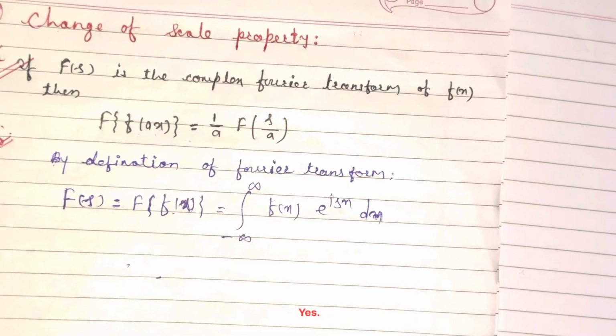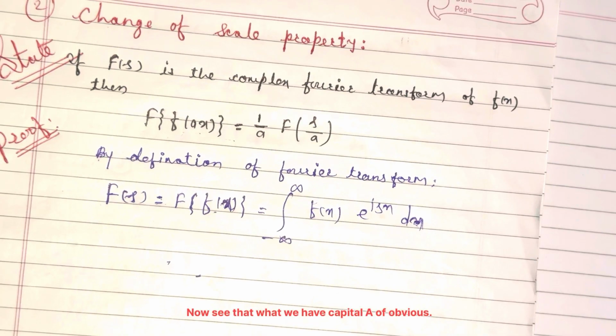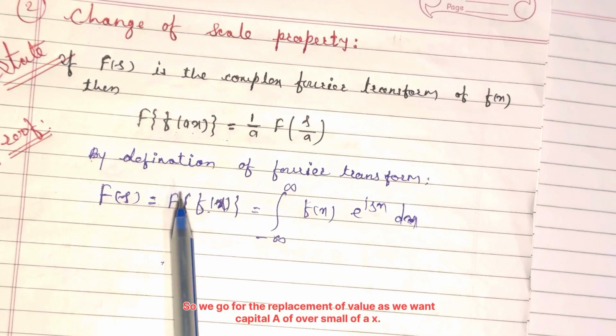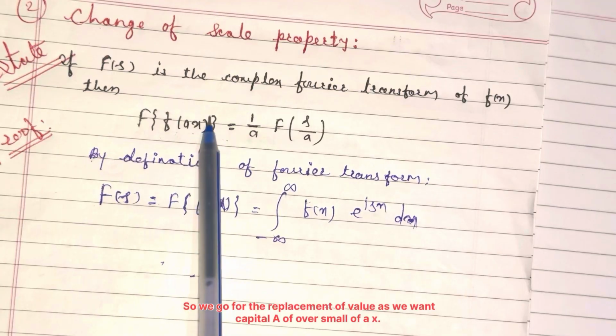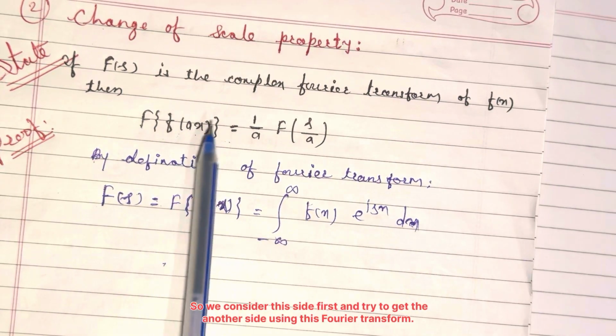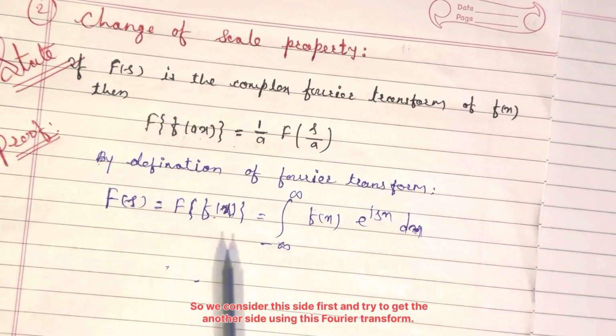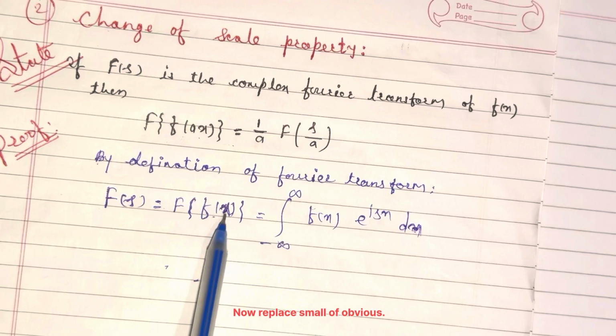Now see what we have, capital F of s. We go for the replacement of value, as we want capital F of small f of ax. We consider this side first and try to get the other side using this Fourier transform. Now replace small f of x.